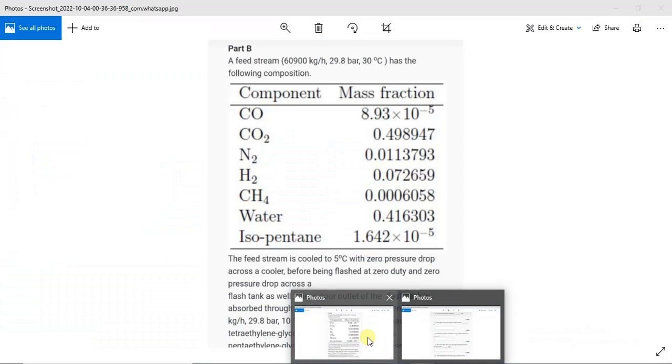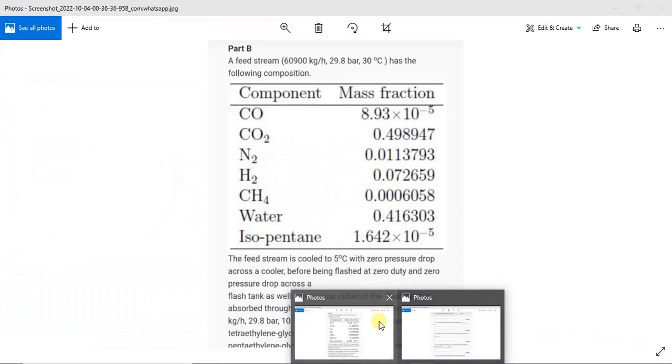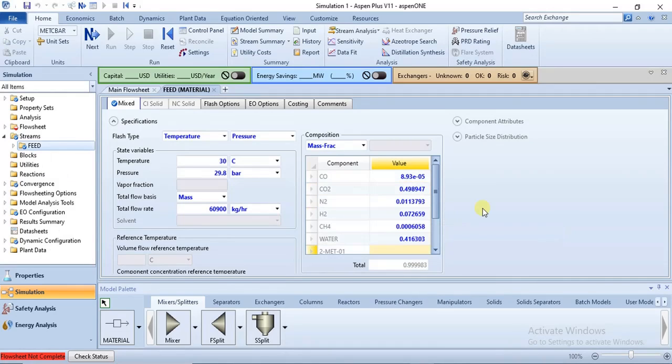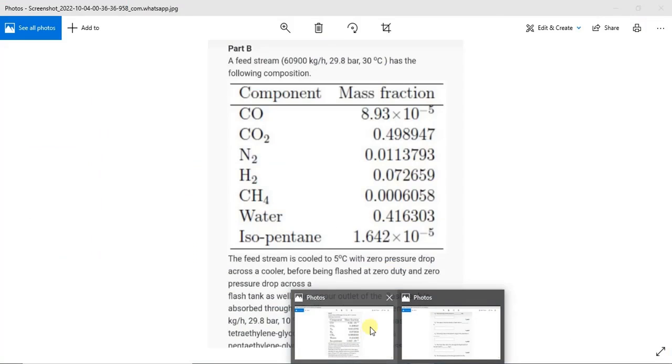Then you have 0.498947. Okay, so I just noticed that I missed one of the components. After water, from the list, is isopentane.